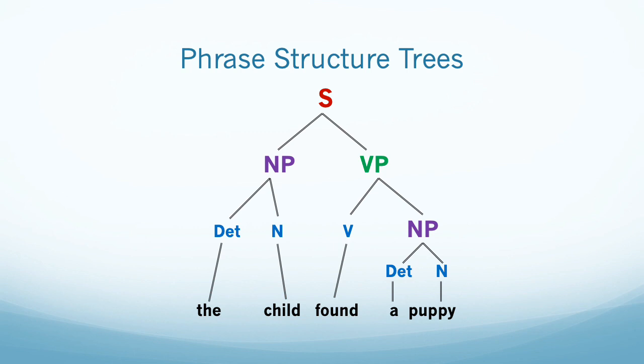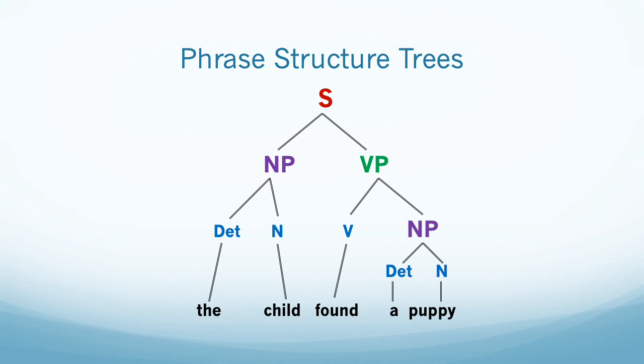We can see from this tree also how each of the words are grouped together at different levels. So the child is grouped together and forms a constituent. Same thing with a puppy. Those two words go together. You'll recall from last time we talked about the constituency tests that allow you to see whether words form a phrase.